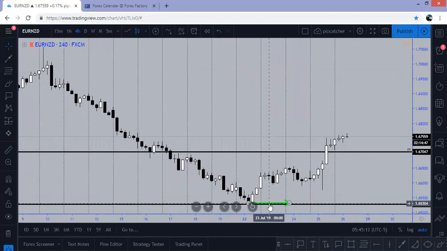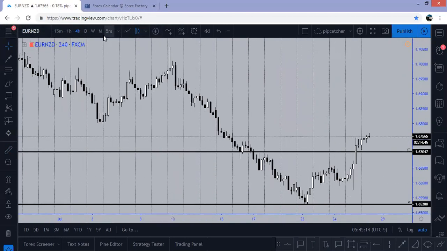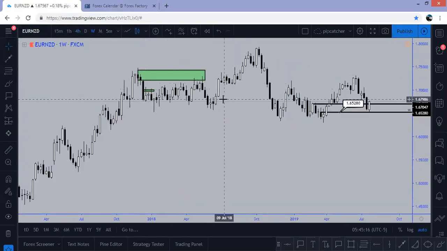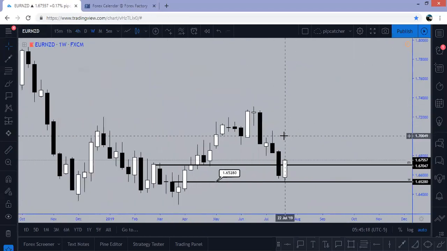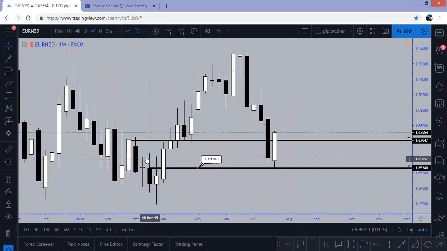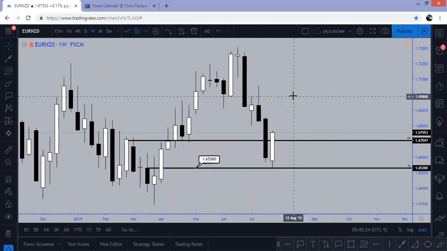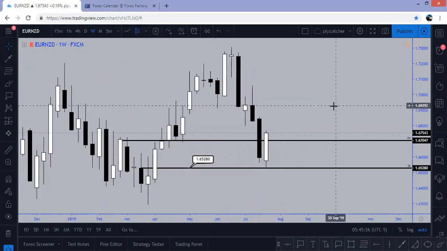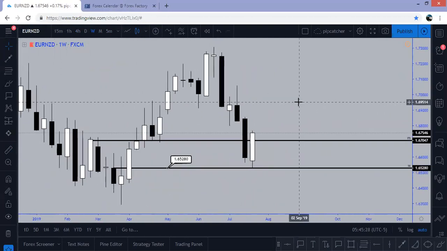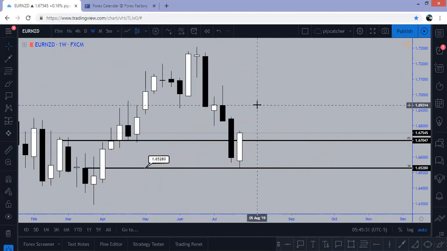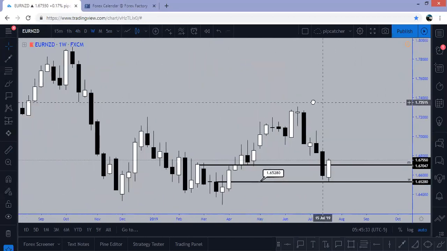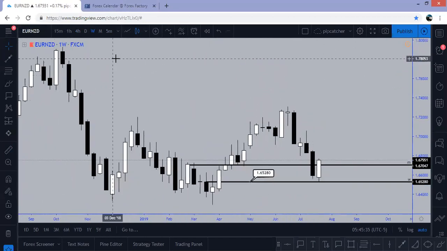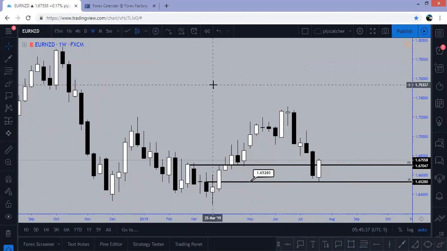All right. So very simple, guys. Trade off of these order blocks. Price will come back to them, and if they don't come back to them, don't sweat it. Don't worry about it, because there's always going to be new setups, and the market is always moving.